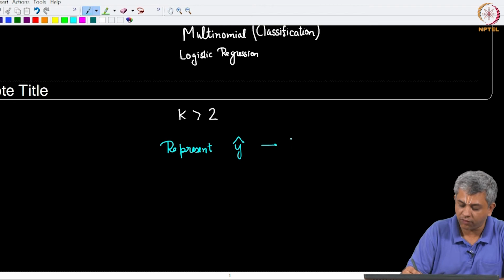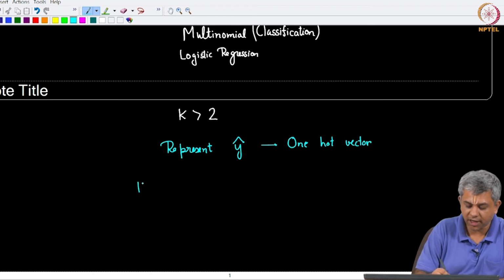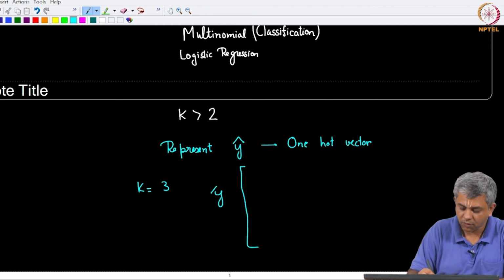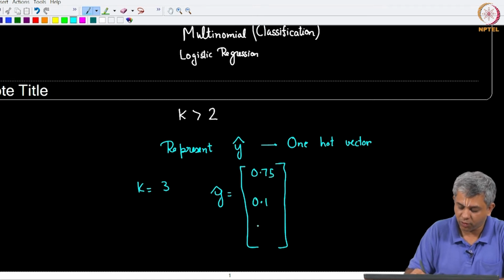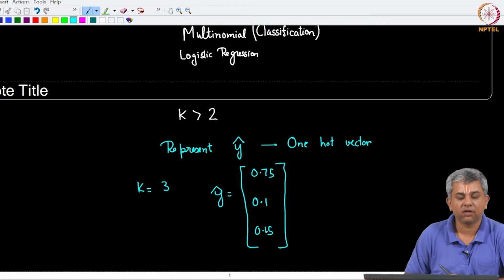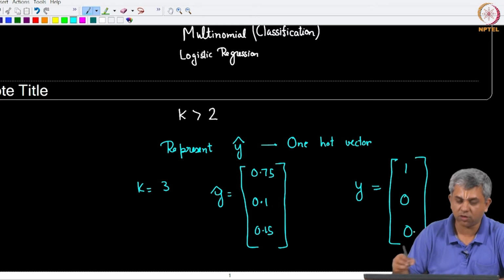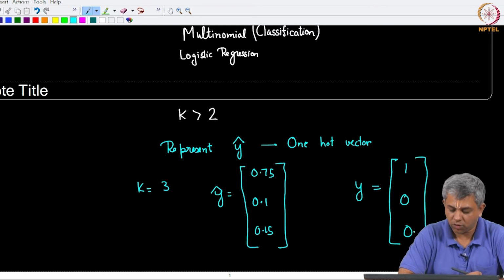This we can do with the one hot vector. So, in case k is equal to 3, y hat will have some 3 numbers. Okay, so, suppose it is something like 0.75, 0.1, 0.15, and y itself could be 1 0 0 or 0 1 0 or 0 0 1. So, you have something of this sort which represents y hat.